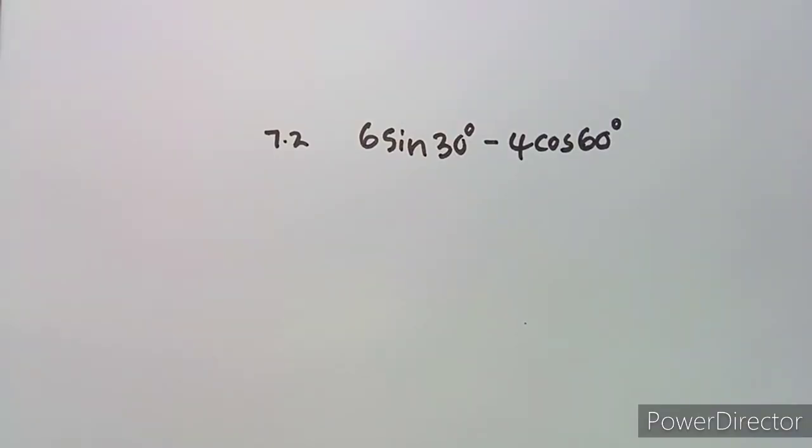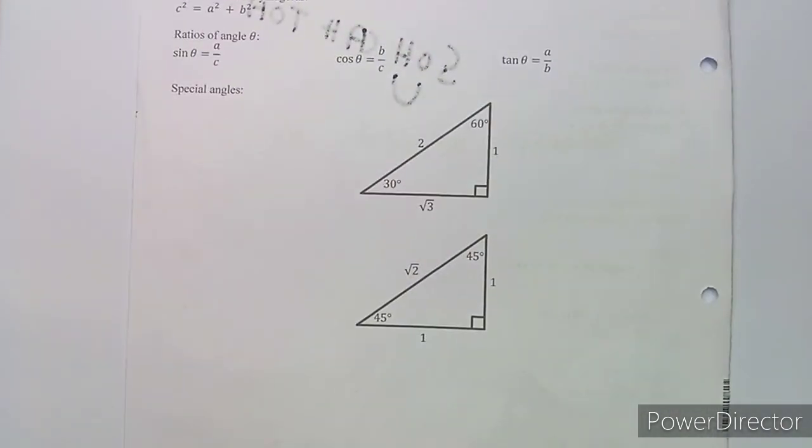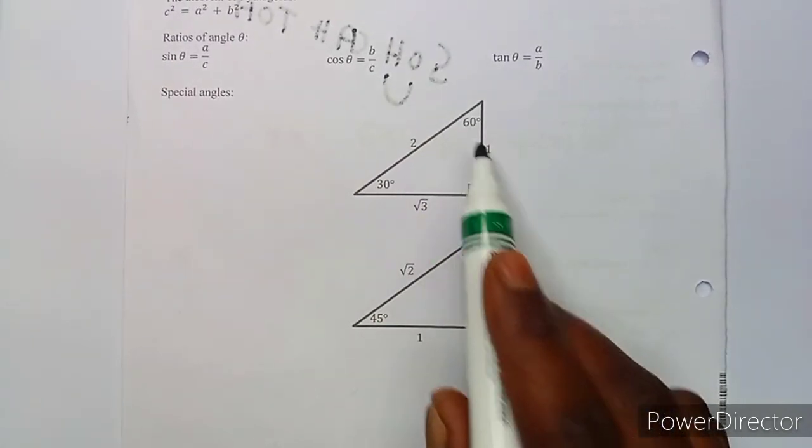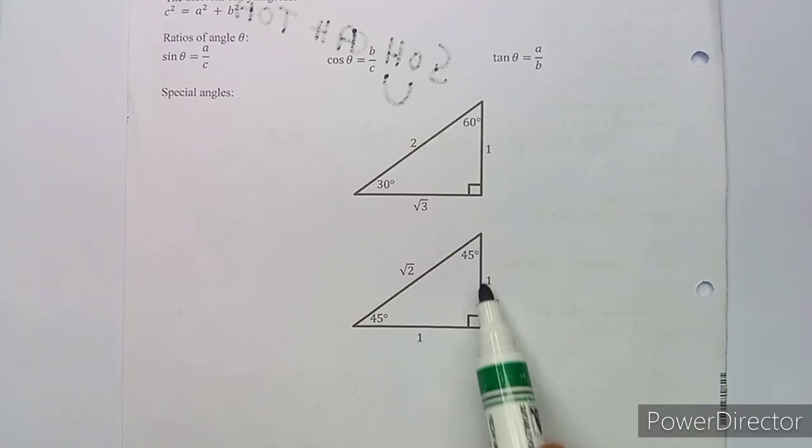It's a matter of just taking these from the special angles of 60, 30, and 90 degrees, and also 45 degrees. So in this case, we have got the triangles here. As you can see, we are given 30, 60, and 45 and 45.